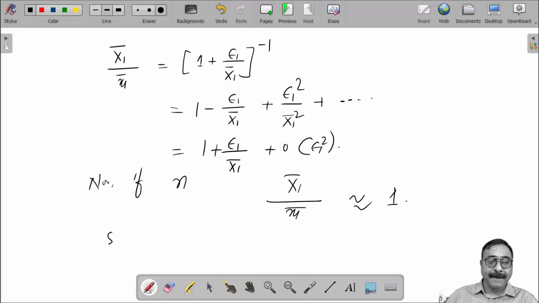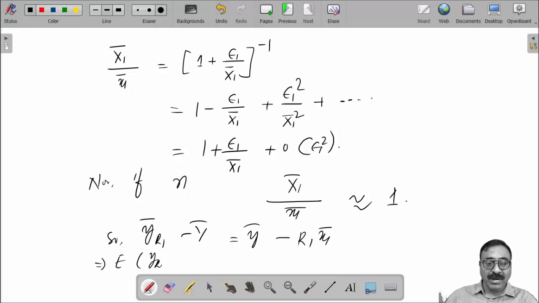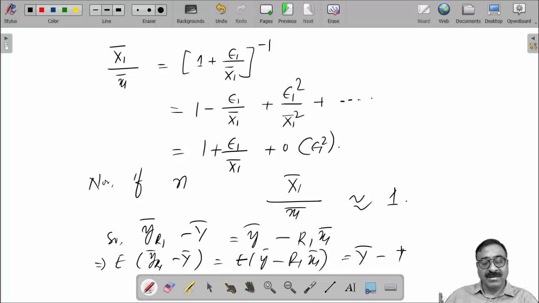So y_R1 bar minus Y bar is equal to y bar minus R1 x1 bar, and expectation of y_R1 bar minus Y bar is equal to expectation of y bar minus R1 x1 bar, that is equal to Y bar minus R1 X1 bar, that is equal to 0.